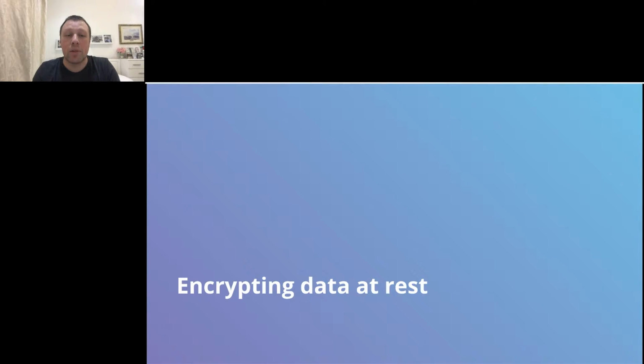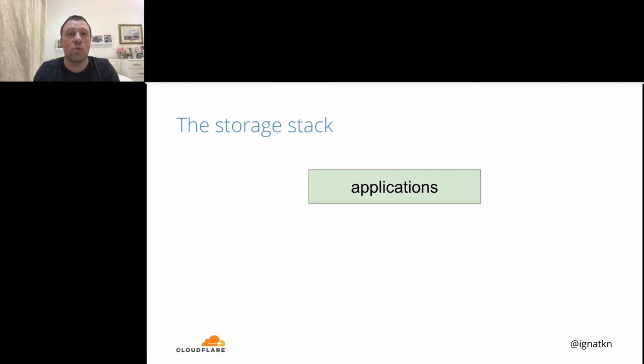In terms of implementation, how is data actually being encrypted when it's stored? There are multiple levels of that, and to understand all of them, we need to review the storage stack. This is a typical operating system storage stack. At the top of the stack, we have our applications or services which run on our hardware or somewhere in the cloud.